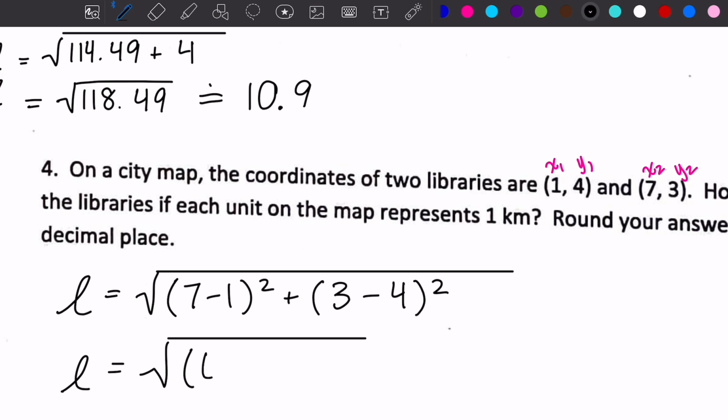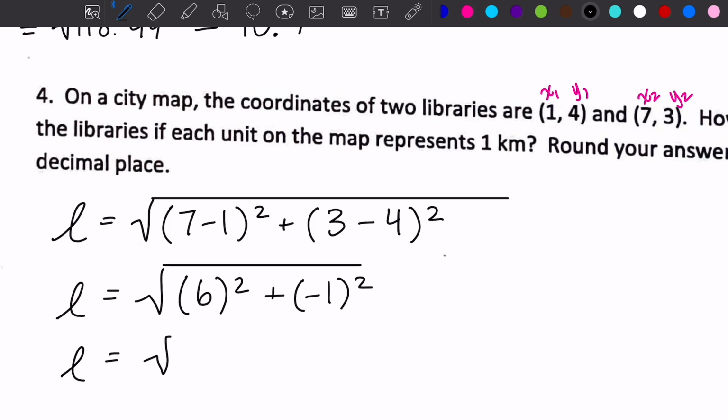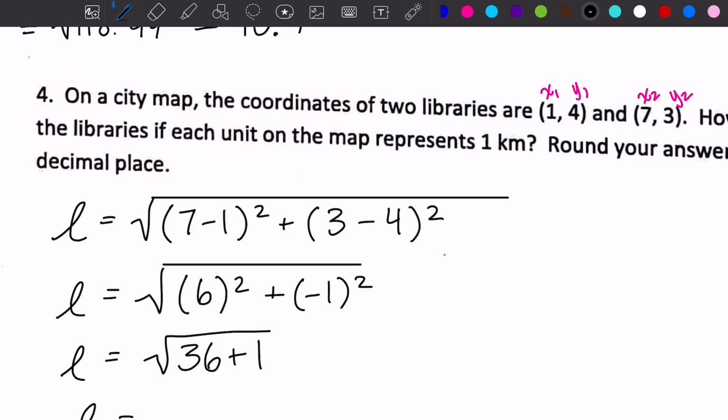This is really just going to be 6 squared and -1 squared, which gives me 36 plus 1, or root 37, which is so close to being a square rootable number, but not quite. It will give us 6.1.